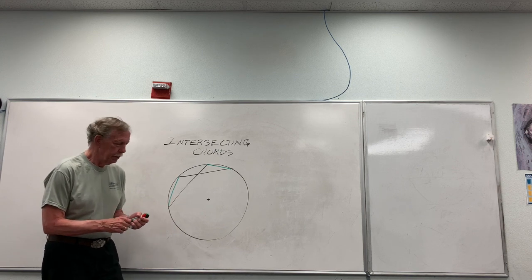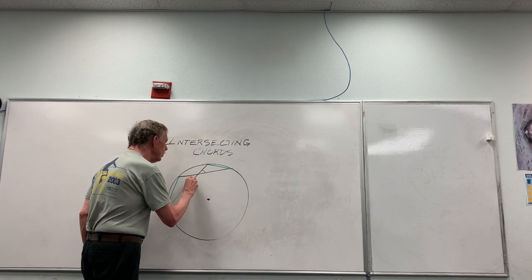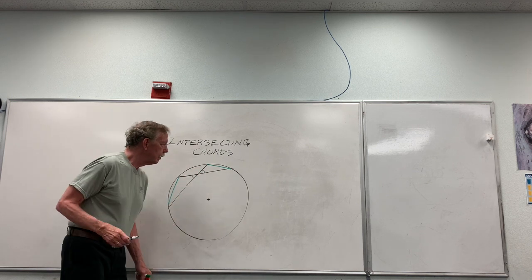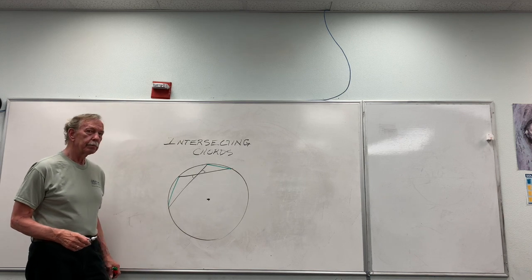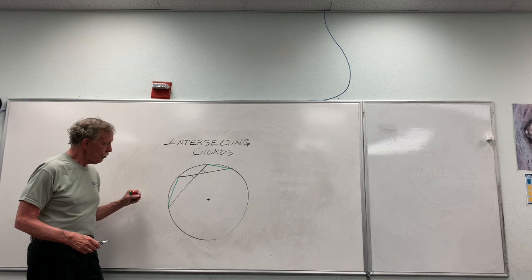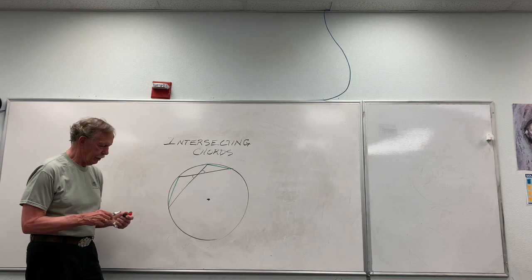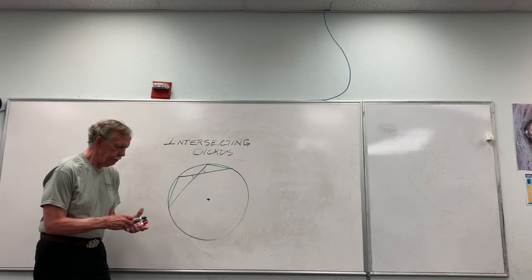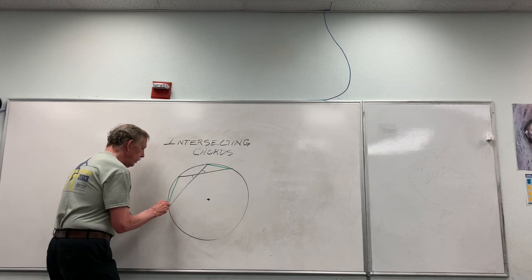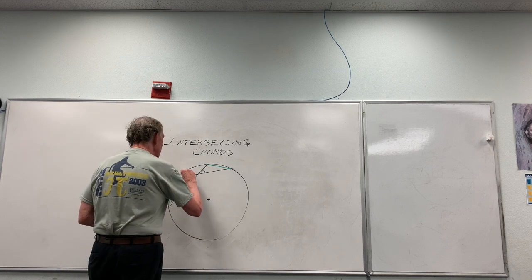I know these are vertical angles, so they're equal. I know that this angle down here intersects this arc. Let me show you. This angle here intersects this arc.